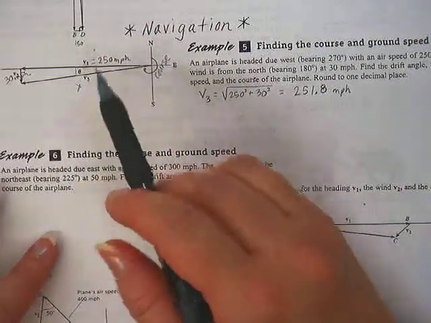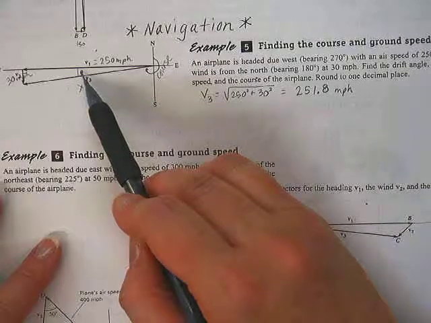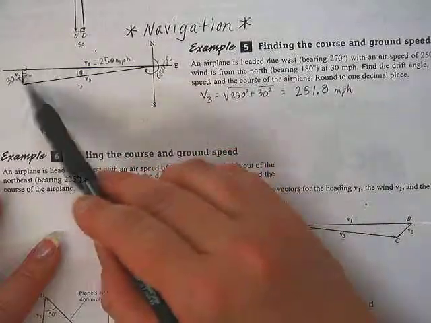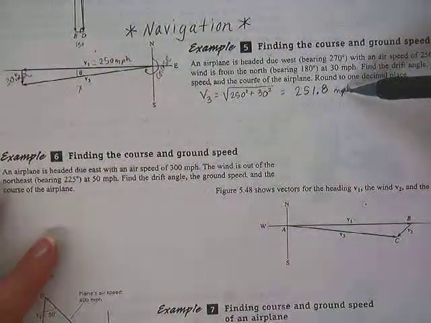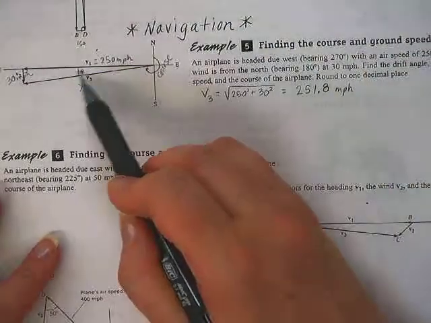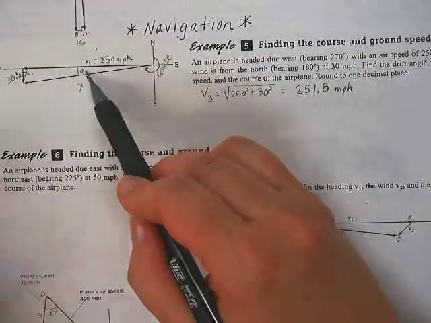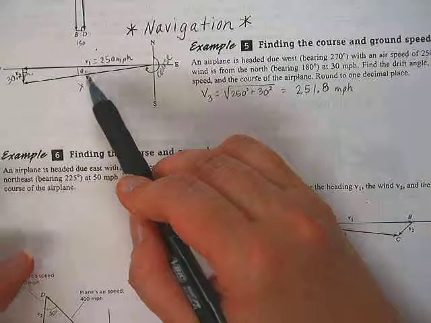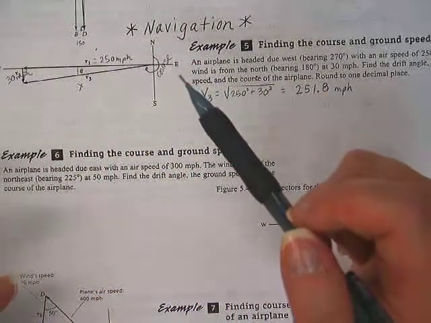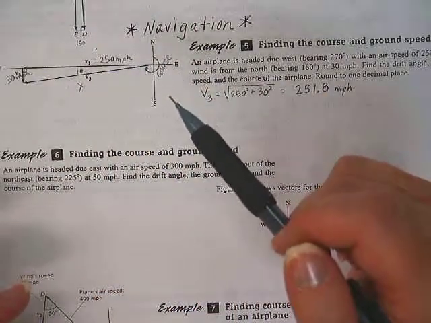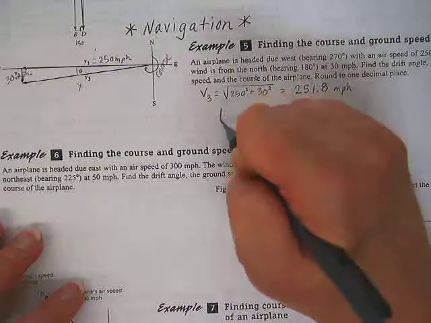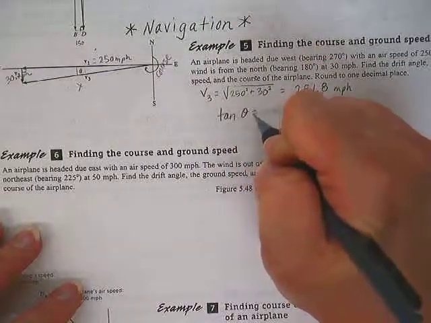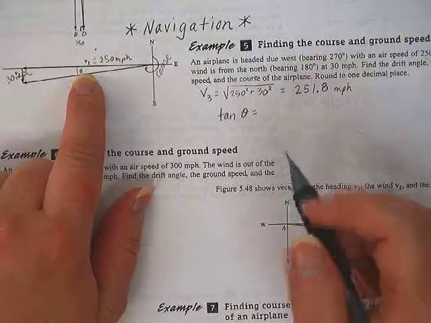Alright, now we do the angle theta. We have all three sides. But the most accurate way to find theta would be to use the two sides that are given, that is not a rounded answer. So we have the two legs. Which tangent, sine, or cosine is best to use if we have the legs? Tangent, perfect.